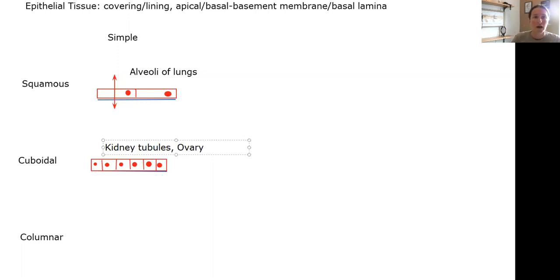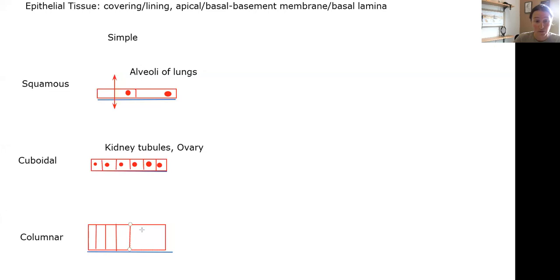Okay. All right, so next, let's talk about columnar. This is the tissue where the cells are taller than they are wide. We are still talking about simple tissue, which means that there is only one layer of cells. All of those cells are attached to the basement membrane.